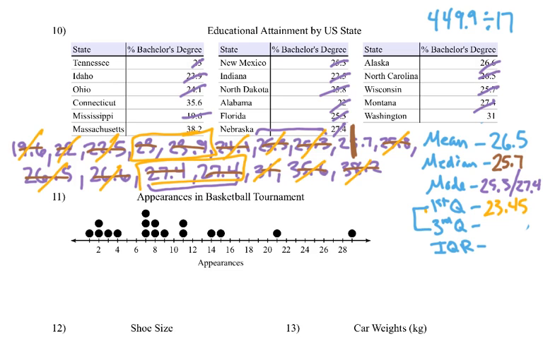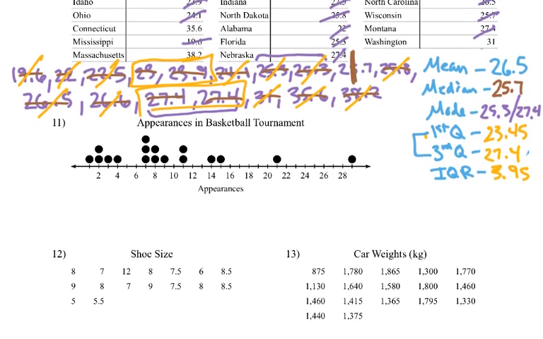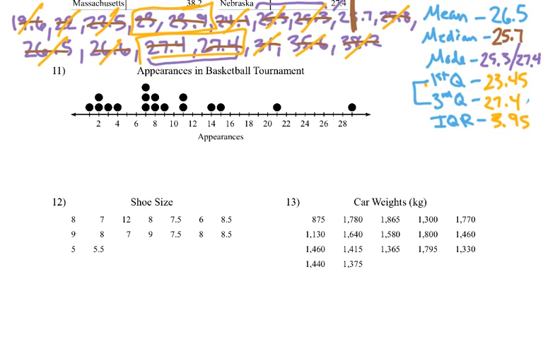And it's 27.4. So then I go 27.4 minus 23.45, and we get our interquartile range of 3.95. And I think that's all we had to do, right? Okay, there we go. Not the easiest, is it?